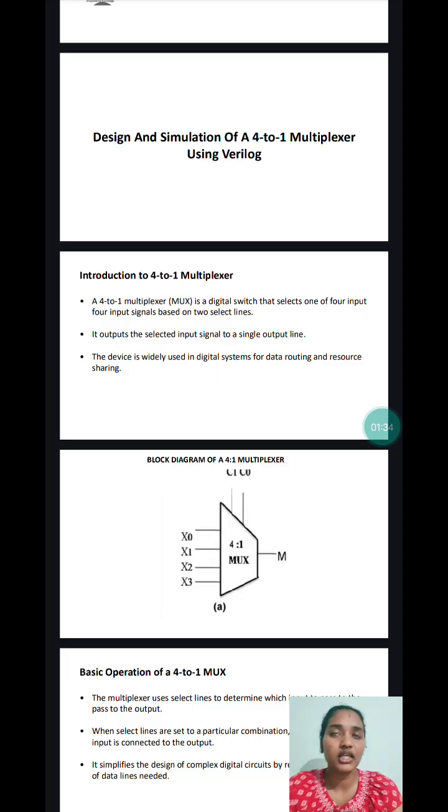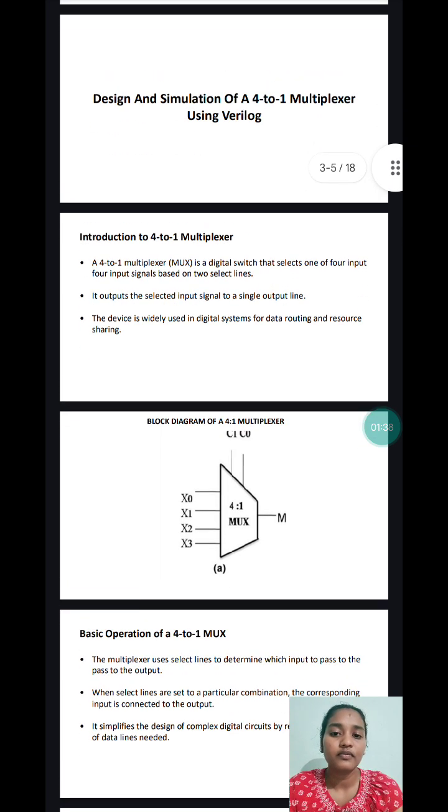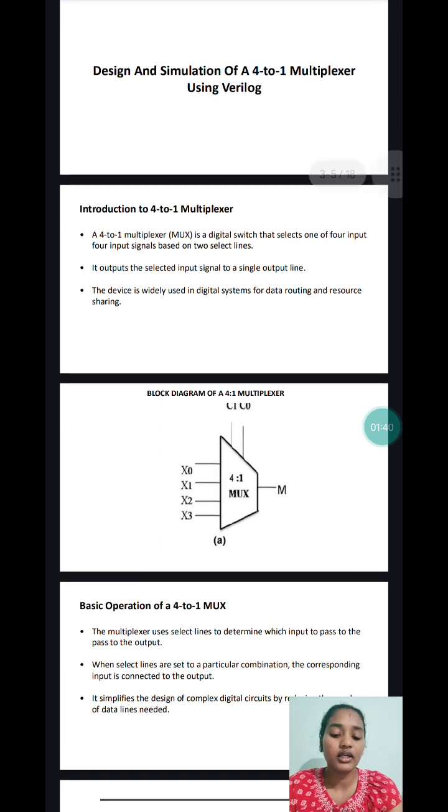Now 4 is to 1 means 2 power 2. It has two select lines, four inputs and one output. Based on the inputs, the select line selects one input and it can form the output.